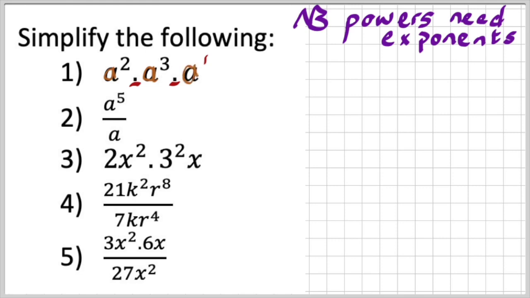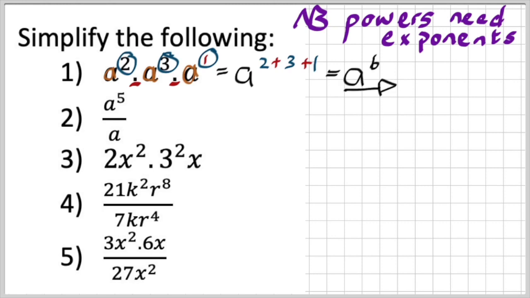Therefore, I can apply law 1. And what does law 1 say? I can simply add the exponents. So I go from 3 bases to 1. A to the power of 2 plus 3 plus 1, which then is a to the power of 6.